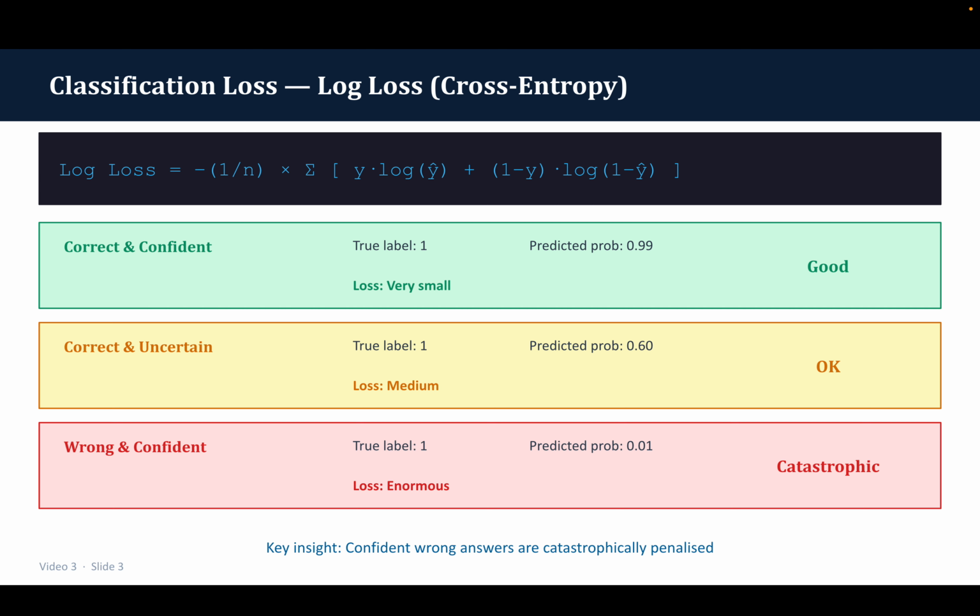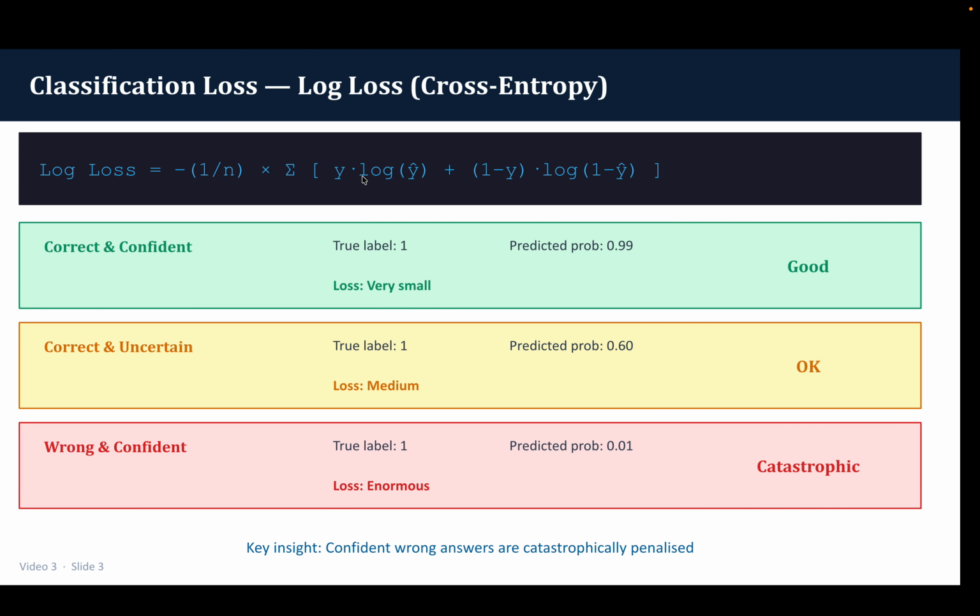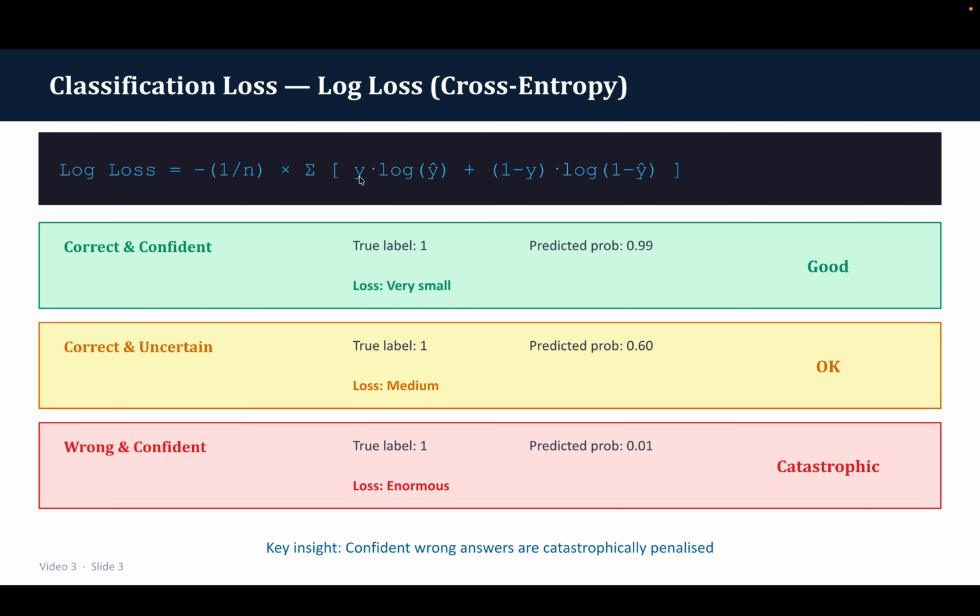Log loss is when you take minus 1 over n, again still boils down to averaging, times the sum of y log predicted, where y is our actual value, multiplied by the log of our predicted value, plus 1 minus y times log of 1 minus our predicted value.